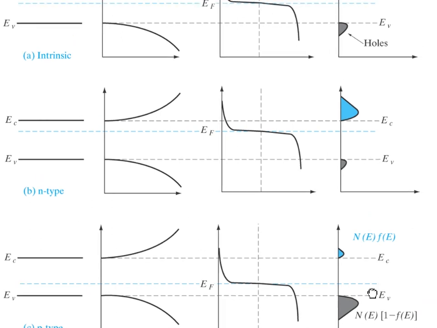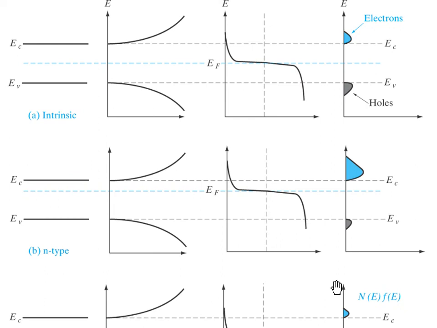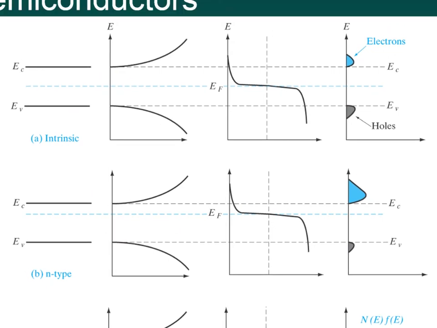The Fermi function is shifted upwards compared to the intrinsic energy state. So that's the only thing different between the intrinsic and the N-type. Because the Fermi function is shifted upwards, you end up with a higher electron concentration in the conduction band, and you end up with a lower hole concentration in the valence band. So in the intrinsic one, the electron and hole concentration were relatively equal. Now it's skewed. You have a lot of electrons and fewer holes.